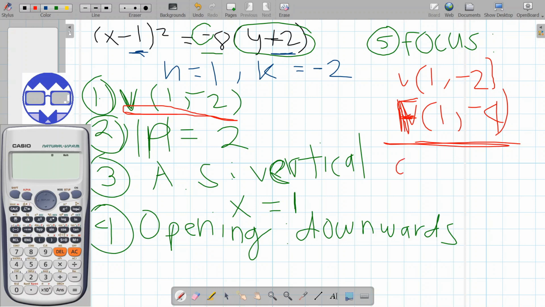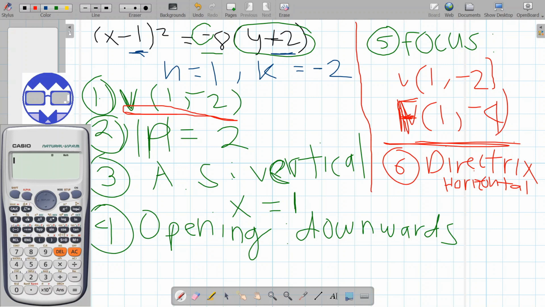Okay, so next, let's have the directrix. The directrix is perpendicular to our axis of symmetry. So if it's vertical, the directrix is horizontal. I'll just write here horizontal. I hope you understand my handwriting. Let's just put a barrier here.